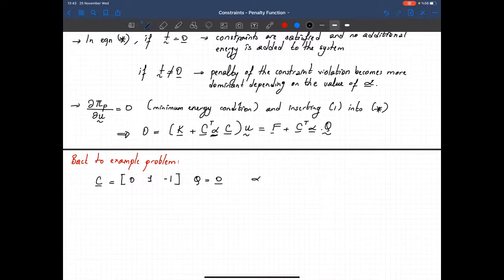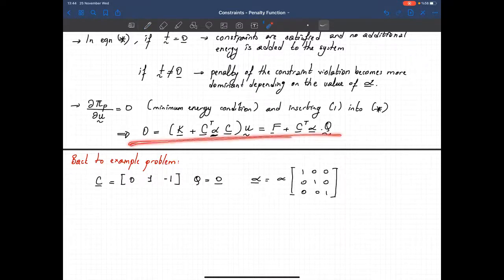And my alpha matrix, I just write it in this way, alpha multiplied by the identity matrix. Then I'm writing this equation now. I shouldn't be showing it this way because I already played with that equation.